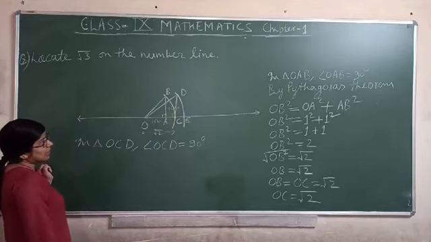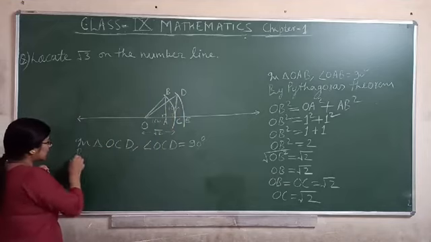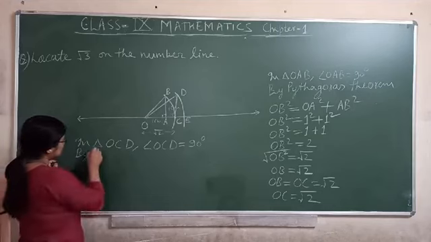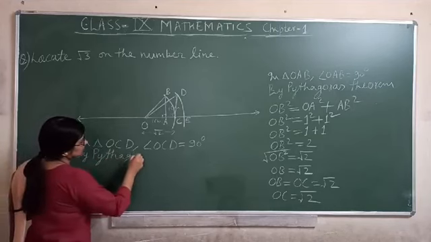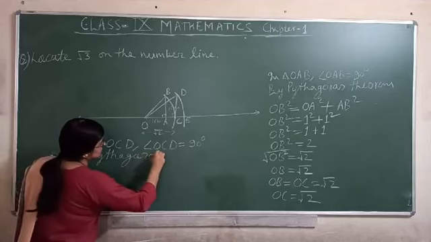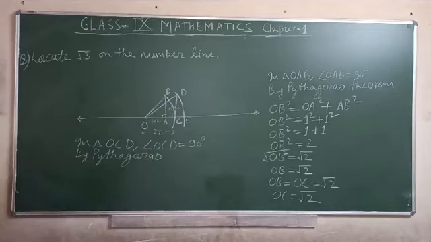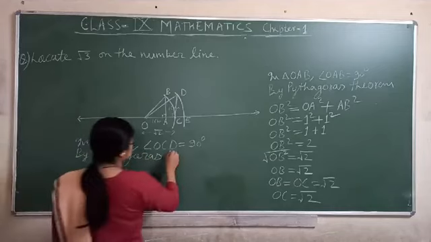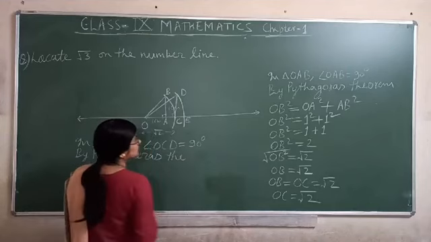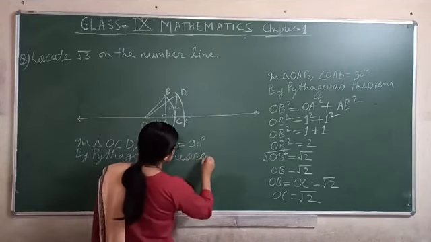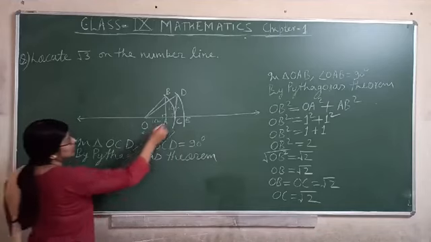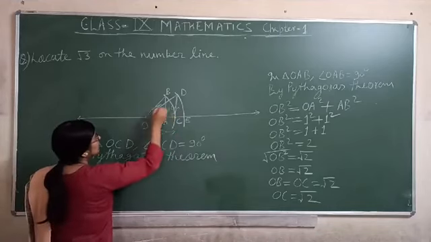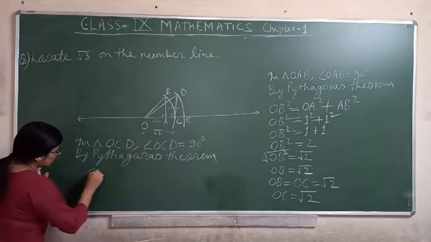So we can apply the Pythagoras theorem here. Hypotenuse square. If this one is 90 degrees, what will be the hypotenuse? OD square.